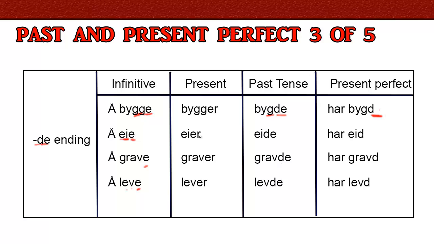You remove the E. No E's in present perfect in regular verbs. Or å eie, to own, eier, eide, har eid. Og å grave, graver, gravde, har gravd. Og å leve, lever, levde. To live, to be alive, har levd.